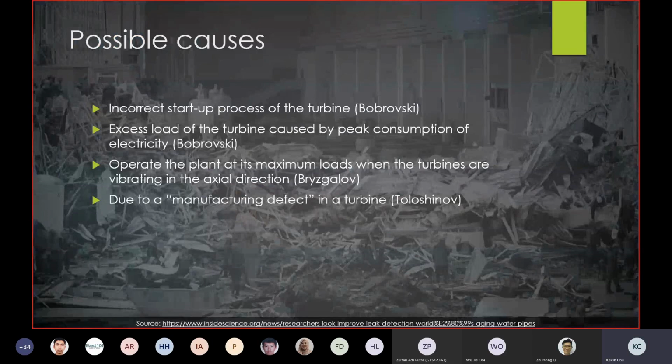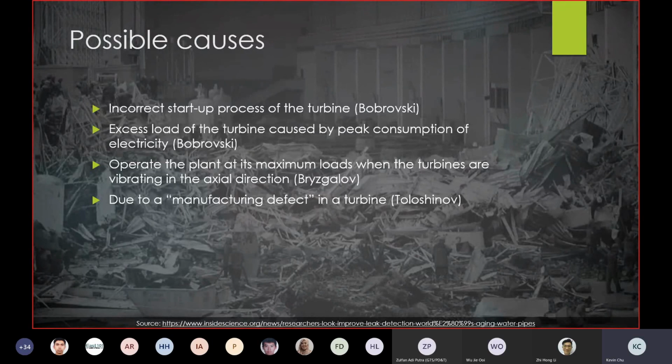So what were the possible causes for this incident? There is no official investigation report, but there are several speculations from various sources. Based on these speculations, the possible cause can be either an incorrect startup process of the turbine, excess load on the turbine caused by peak consumption, operators running the plant at its maximum load when the turbines are vibrating, or a manufacturing defect in the turbine.